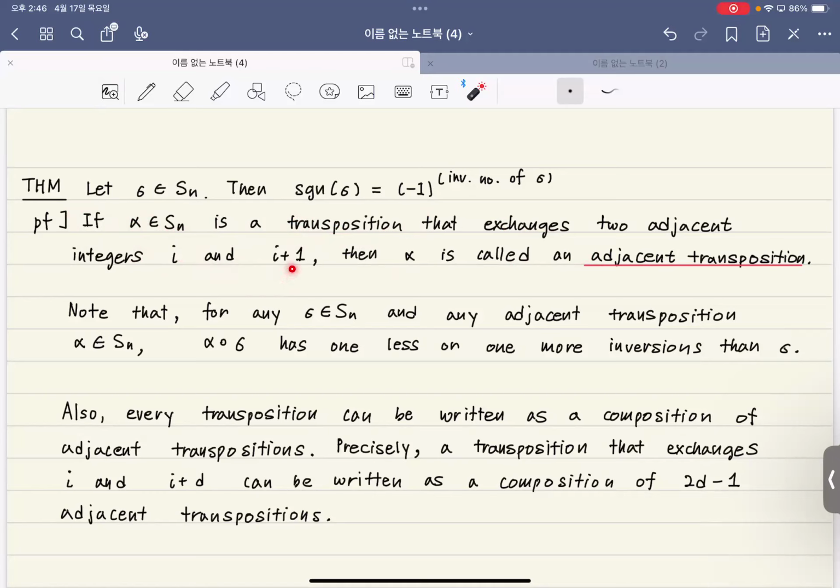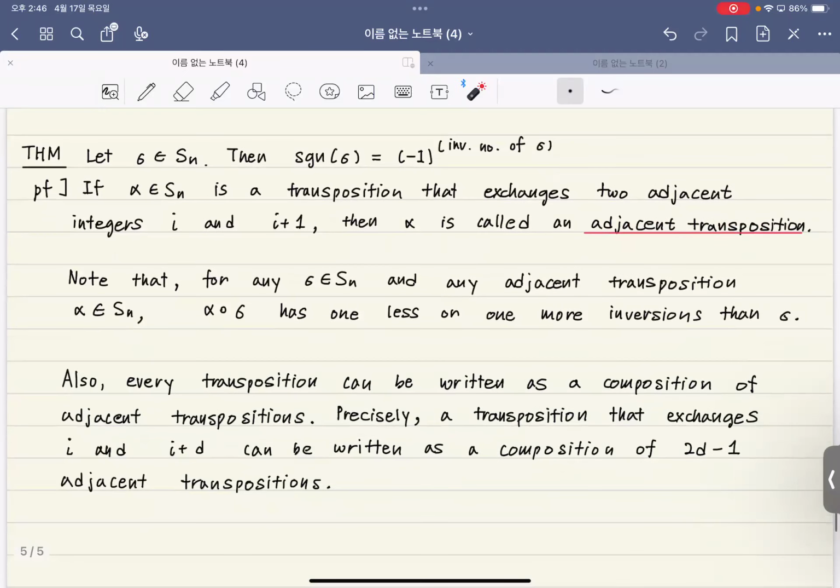And there is a very interesting observation. For any n permutation sigma and any adjacent transposition alpha, if you compose alpha and sigma together, alpha of sigma, then the inversion number of this permutation is always one more or one less than the inversion number of sigma.